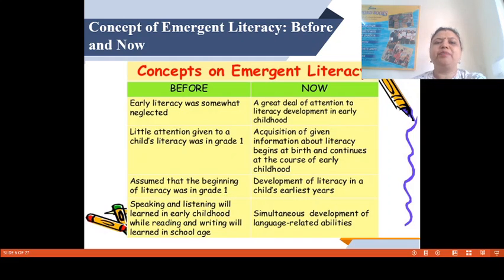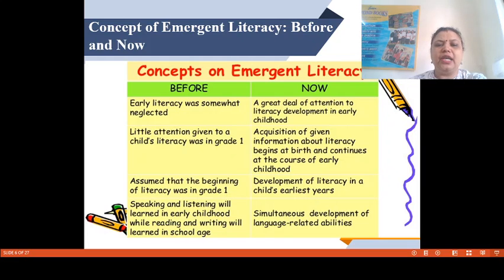Now, the concept of emergent literacy, before and now. Here we just want to discuss the concept of emergent literacy when it was not introduced and after the introduction of this concept. Before, early literacy was somewhat neglected, but nowadays there is a great deal of attention to literacy development in early childhood.